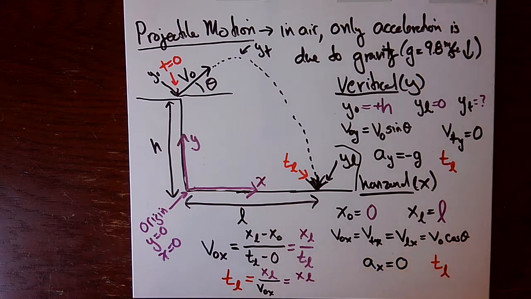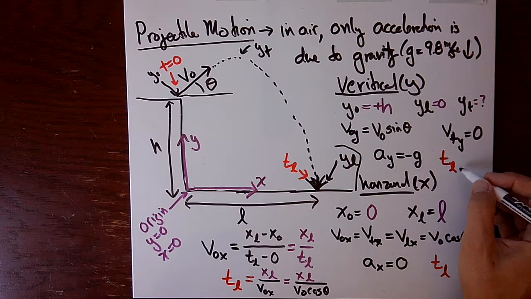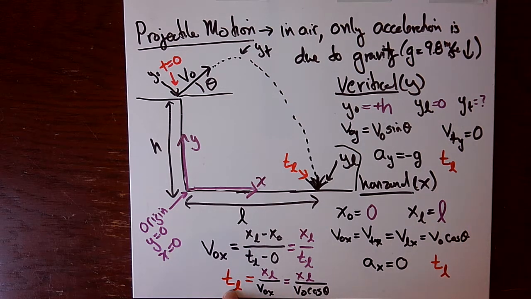We get the landing distance, and then the x velocity is v naught cosine theta. That information I've just got from right here. That's always the horizontal component of the velocity. So now that I've solved for t, I can plug this back in here, because, again, time is shared between the two.